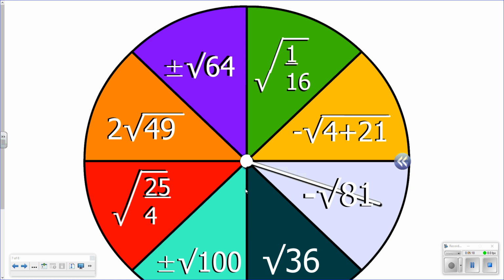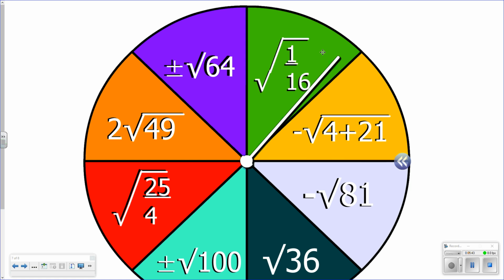All right, let's try a few more. The negative square root of 81. Negative's on the outside, so that's good. The square root of 81 is 9, so that would be negative 9. Okay, square root of 1 over 16.